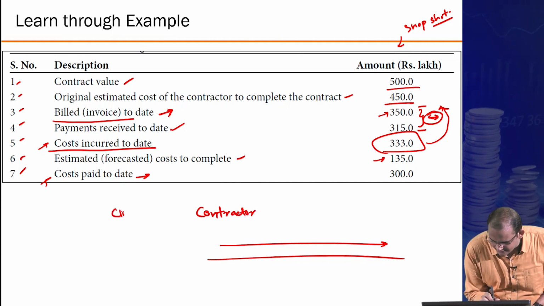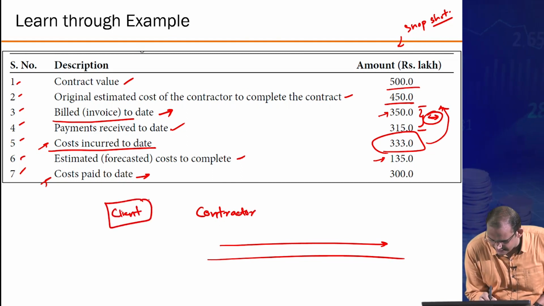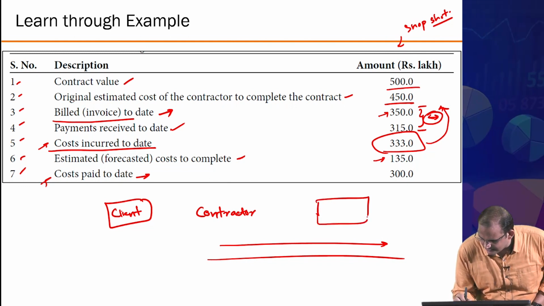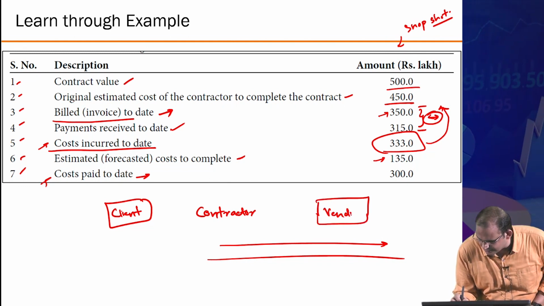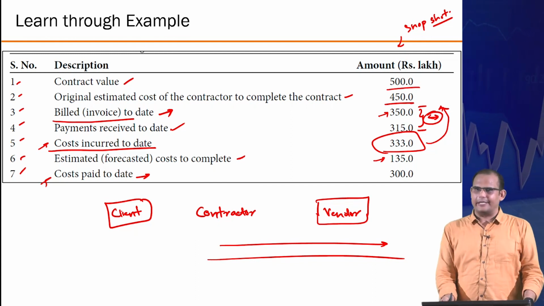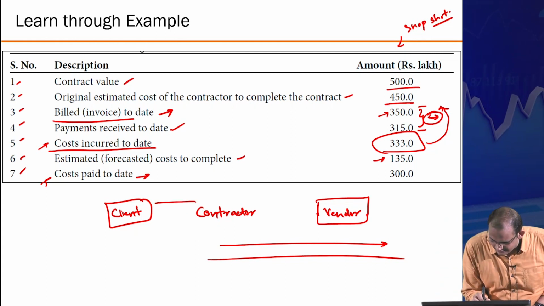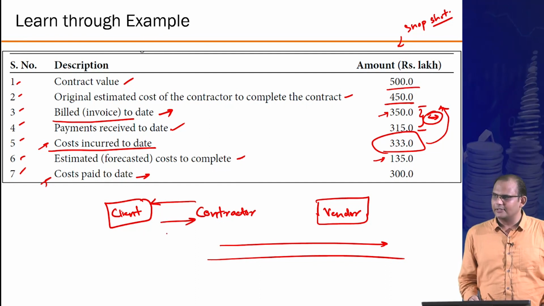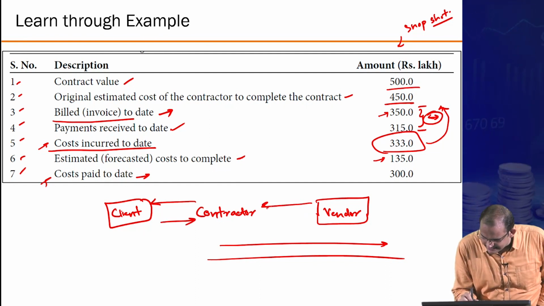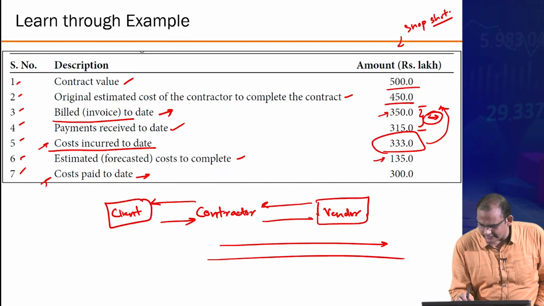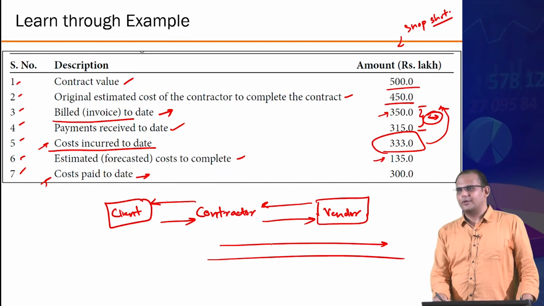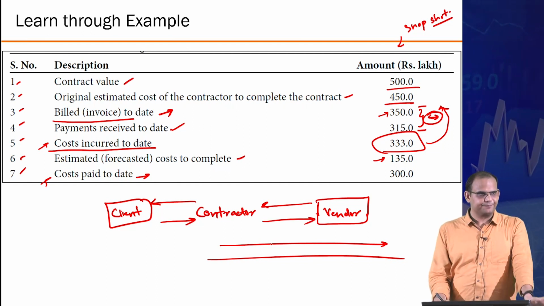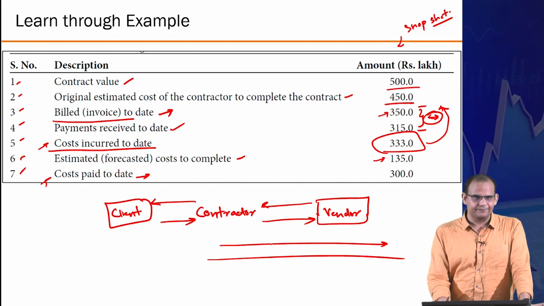On the one hand, the contractor is dealing with the client, and on the other hand, the contractor is dealing with the vendor. Contractor raises the invoice, client pays the money, vendor raises the invoice, contractor pays the money. All these values are given here. Got it?